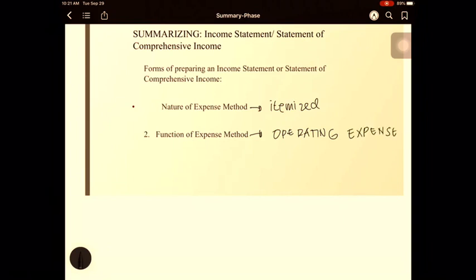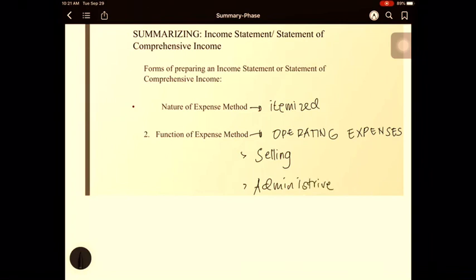Your operating expenses may be divided into two: selling expenses and administrative expenses.